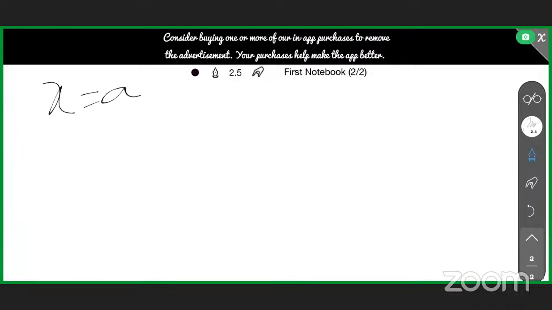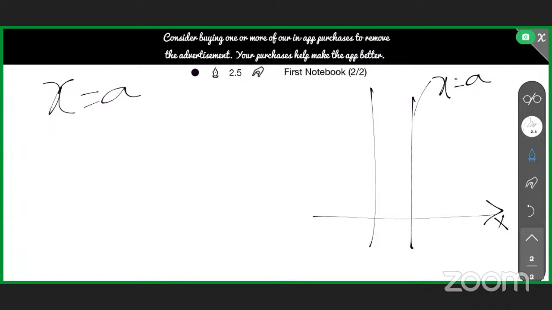Let us say this is my x and y axis, and this is a line which has the equation x is equal to a. I have drawn it towards the positive direction because it is a plus here. The base of my triangle is resting upon this line, maybe like this, or else it can also be like this.